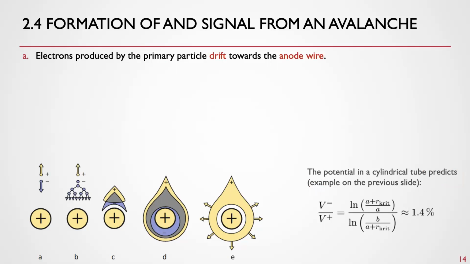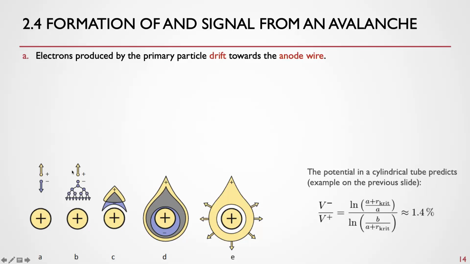How does this proceed? Electrons produced by the primary particle drift towards the anode wire. So let's say a muon came through. It created a single ion-electron pair. Now the ion at this time scale actually stays in place. It moves with a drift velocity that's a factor at least 100 less than the electrons.